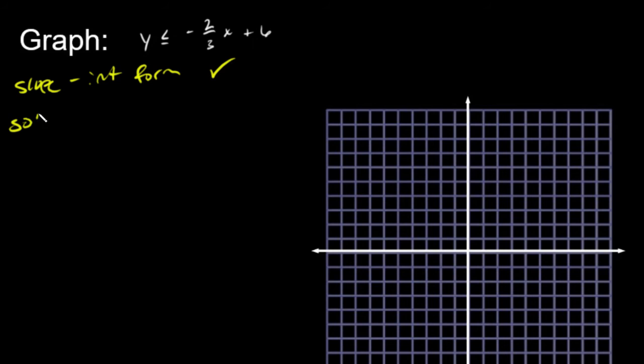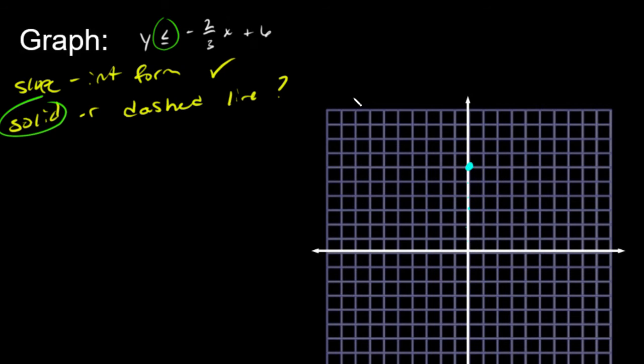Then, solid or dashed line. It's going to be a solid line because it is equal to. Next, graph the line using the solid line. So y-intercept of 6, slope of negative 2/3. So y-intercept of 6: 1, 2, 3, 4, 5, 6.